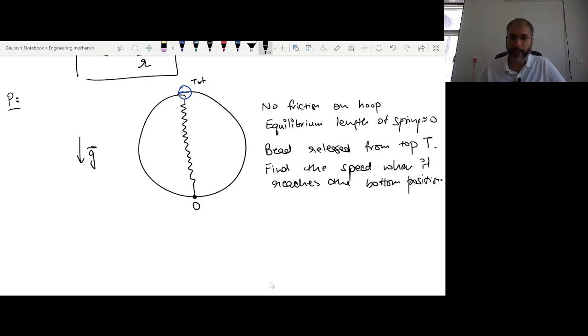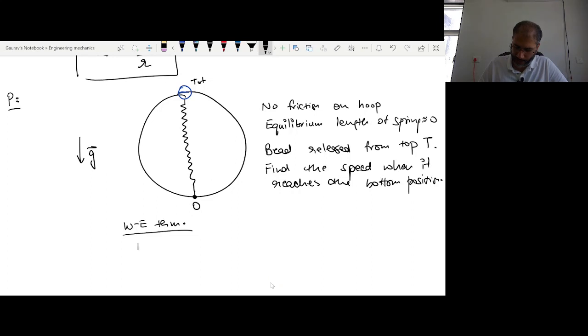So this problem becomes extremely easy if you apply the work energy theorem. Because the forces acting on the bead are the force of gravity and the force due to the spring, and both are conservative forces. So we can use the idea of work energy theorem with only conservative forces.